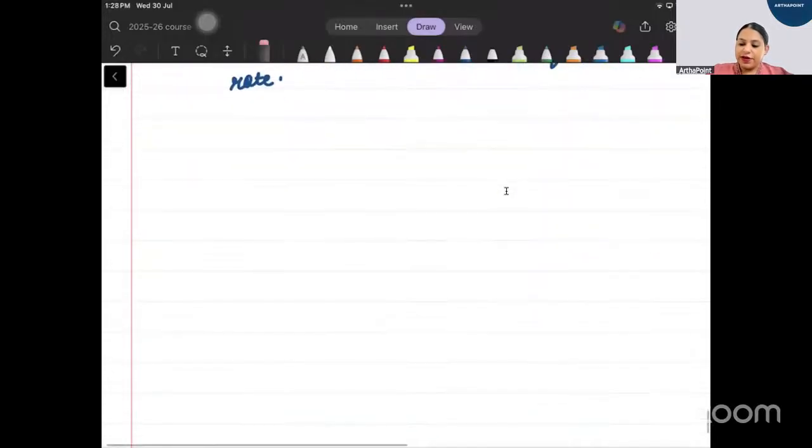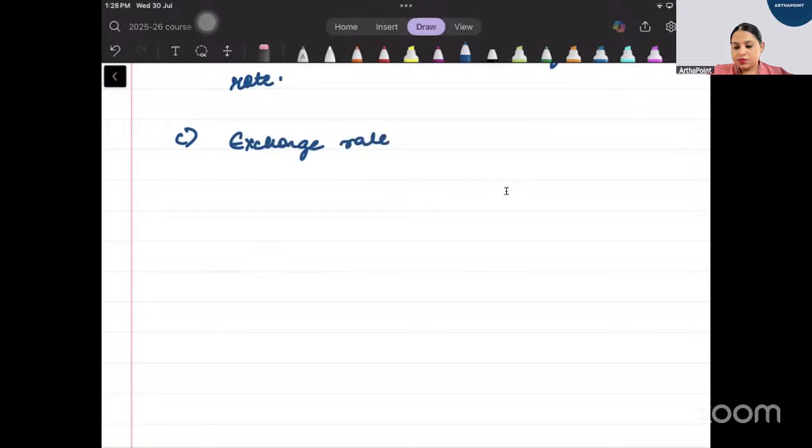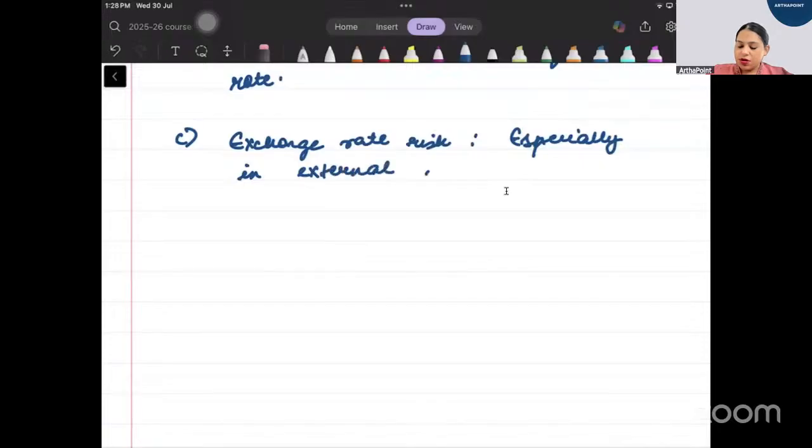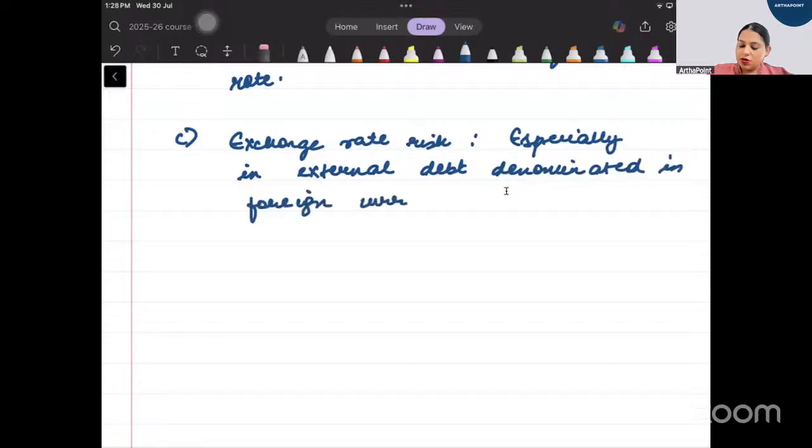But the next one that we have, that is exchange rate risk. Especially in external debt denominated in foreign currencies, right?